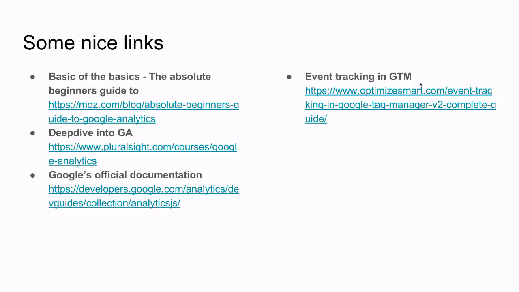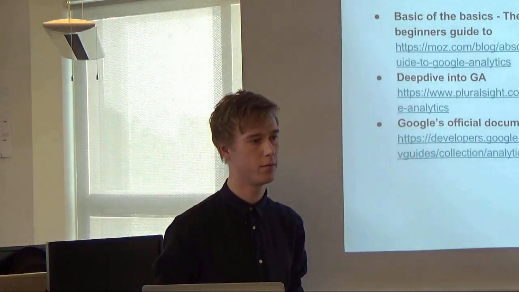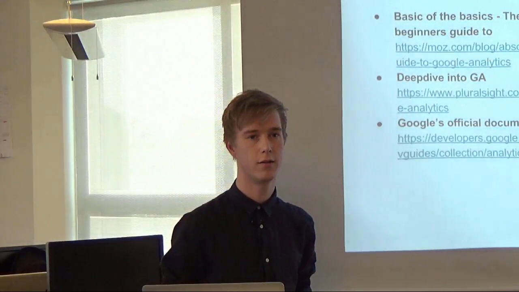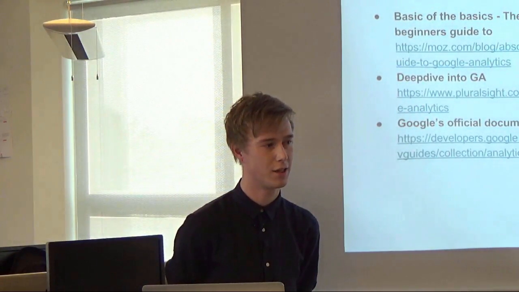Pluralsight has a really good deep dive into analytics, and their official documentation is really good as well. And I'd also recommend this Optimize Smart article if you're interested in deep diving into Google Tag Manager. Yeah, that's all I have to say. Thanks for listening.